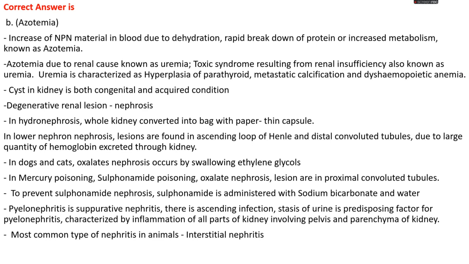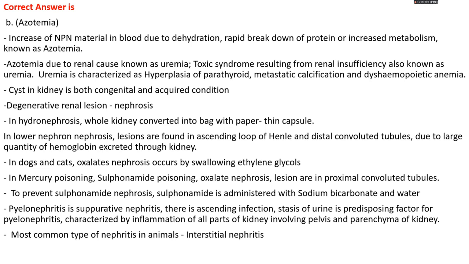Cyst in kidney is both sometimes congenital and sometimes acquired. Degenerative renal lesions are known as nephrosis. In hydronephrosis, the whole kidney is converted into a bag with a thin paper-like capsule. In lower nephron nephrosis, lesions are found in the ascending loop of Henle and distal convoluted tubules due to a large quantity of hemoglobin excreted through kidney.